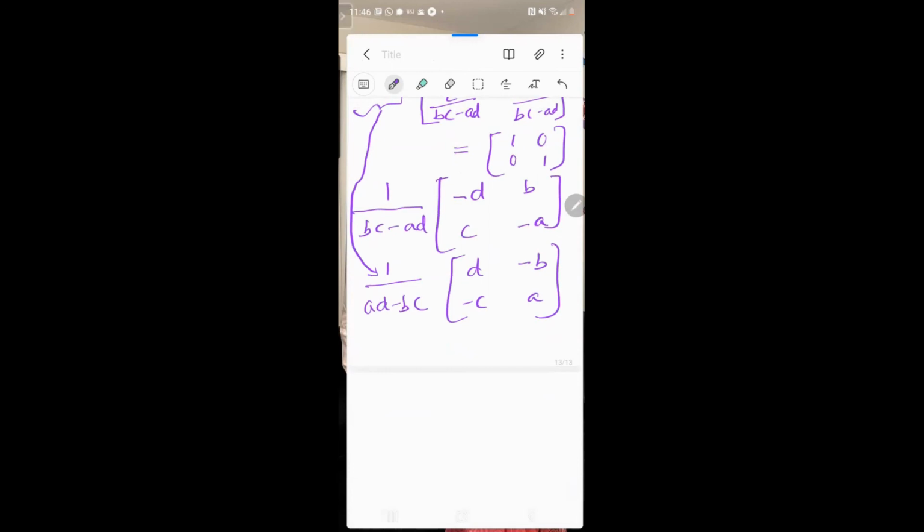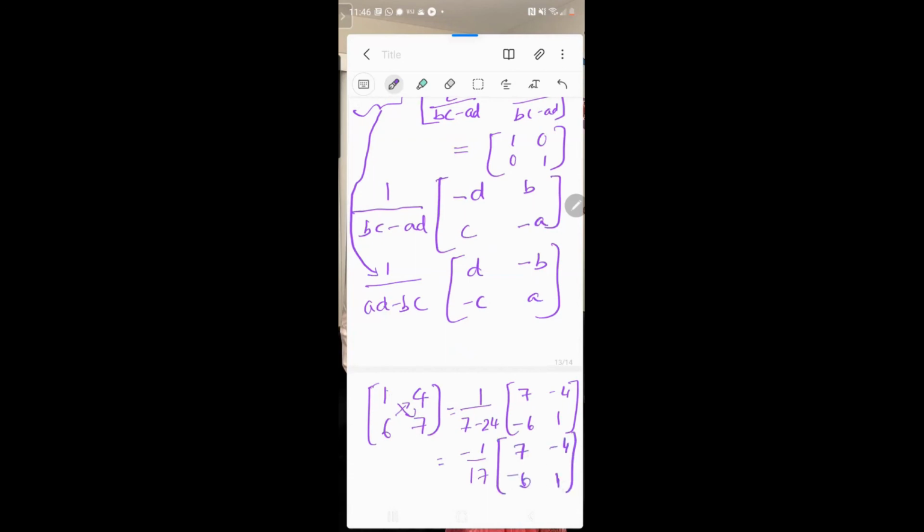So given any two-dimensional matrix, like 1, 4, 6, 7, you can just plug in these numbers. You multiply the diagonals and subtract. So 1 over 7 minus 24, times: you flip these two values, 7 and 1, and you put a negative before the other values. So this is minus 1 over 17, times 7, minus 6, minus 4, 1.